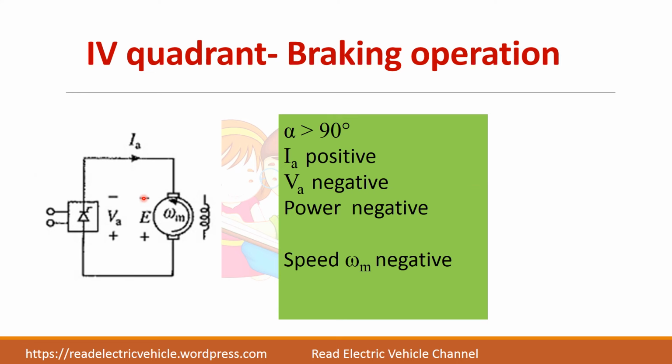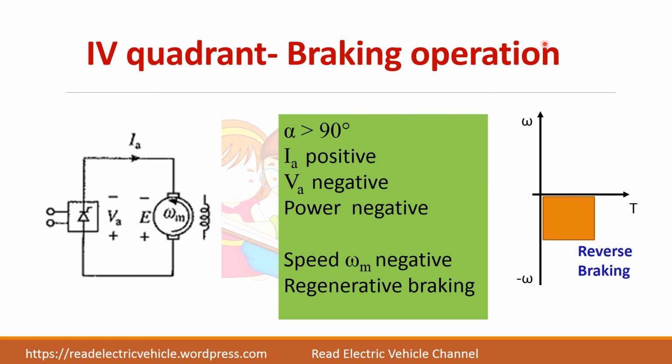And the back EMF, when we make alpha greater than 90 degree, we will reverse the back EMF. So speed is negative and torque is positive. So you will get the operation in the fourth quadrant. That is reverse braking, or you can make regenerative braking in this mode.